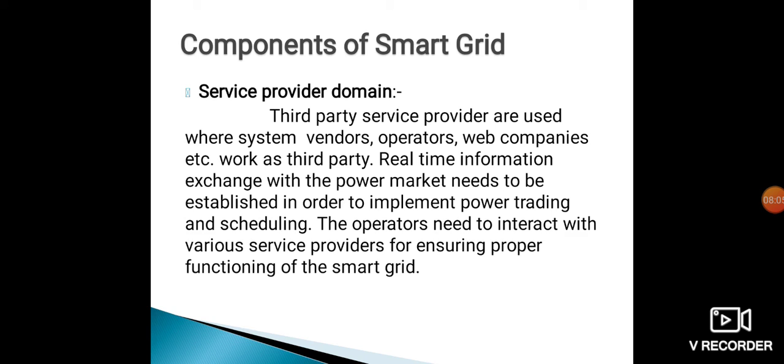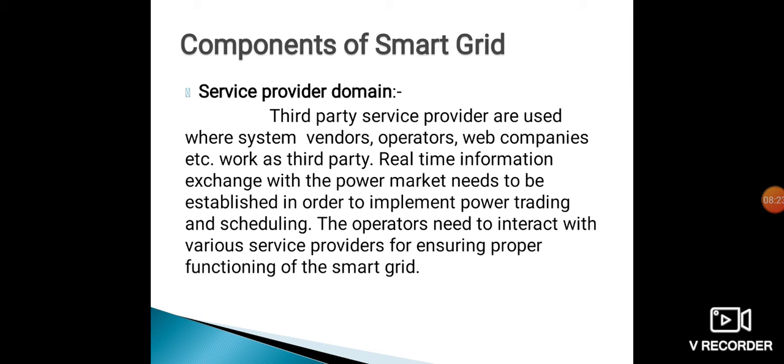So the information regarding the energy consumption is more important from the service provider point of view. So to supply the proper electricity in the rural areas they can schedule accordingly.